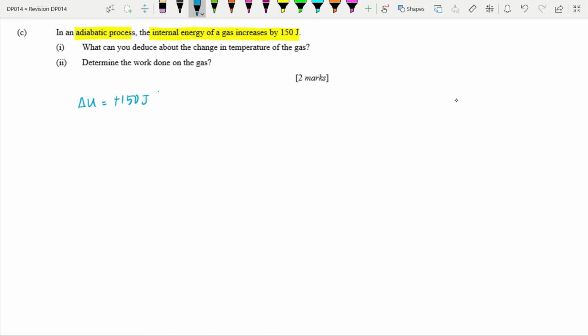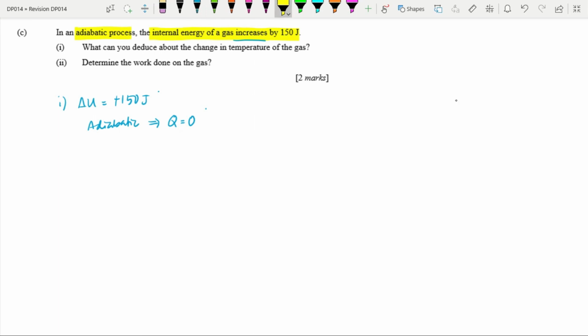Kenapa saya kata positif? Sebab dia kata increase by 150 joule. So, pertambahan 150 joule. So, itu adalah perubahan internal energy kita. Okay, so dan adiabatic, apa yang kita tahu untuk adiabatic? Okay, adiabatic adalah proses where no heat transfer in and out. So, that means your Q is 0.